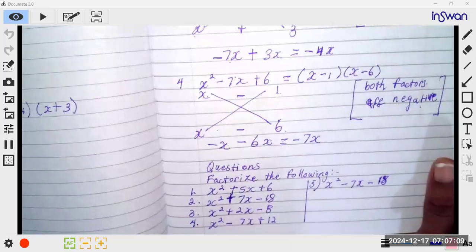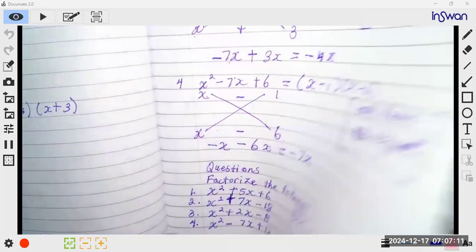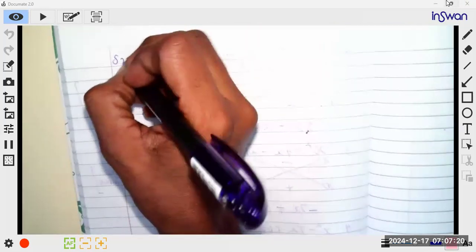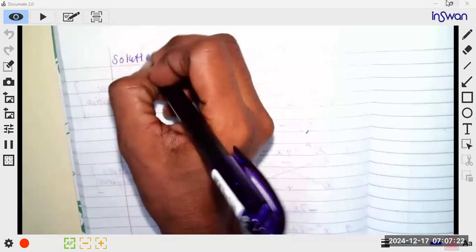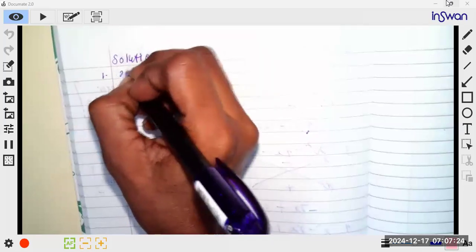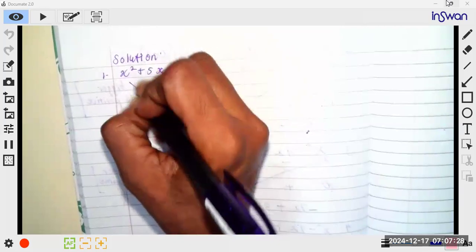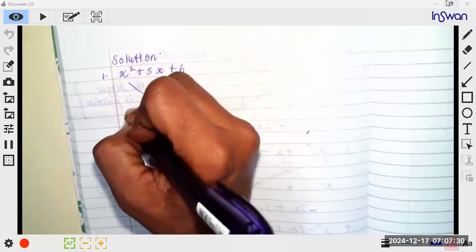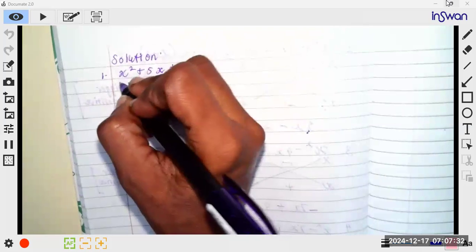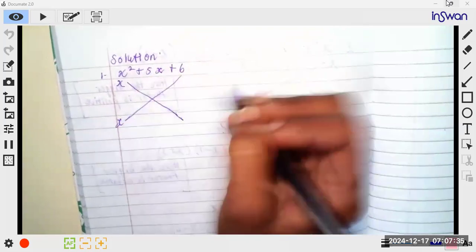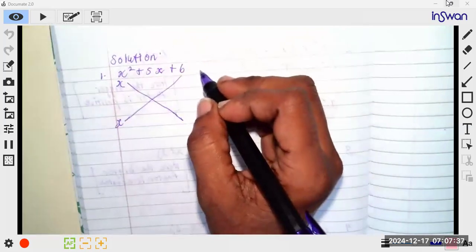So the first one is x squared plus 5x plus 6. What times what will be x squared, x by x? And what times what will give us 6?